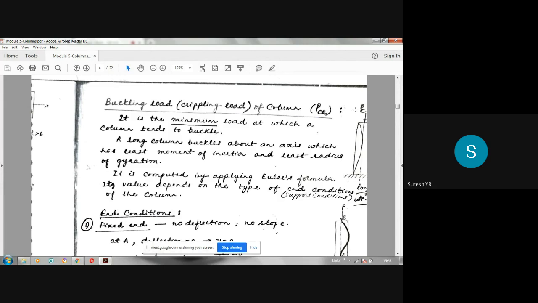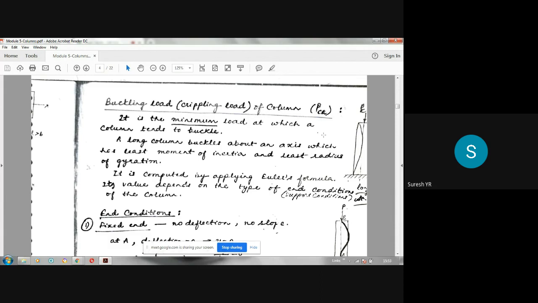The column bends like this, whereas in the case of crushing, a diagonal shear crack will develop. Here, the entire column will bend like this. Depending on the boundary condition, you can draw that bending curve, just like the beam you have done in the deflection chapter. So it is the minimum load at which the column tends to buckle.